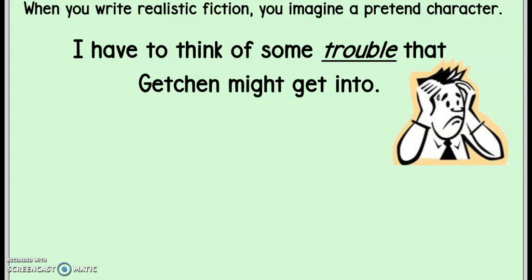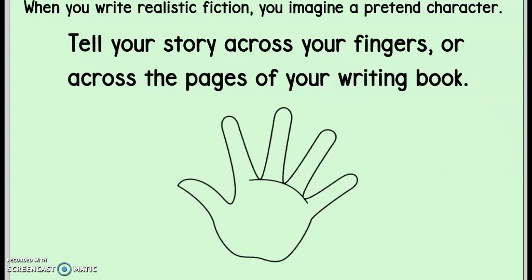So what I'm going to do after I've thought of my trouble, I'm going to hold up my hand and I'm going to think, I need to tell this story across my fingers just like we did when we wrote small moment stories. You can either tell it across your fingers or you can tell it and touch and tell the pages in your book. So I'm picturing the scene. Gretchen found some kind of animal who is hurt near her fort.